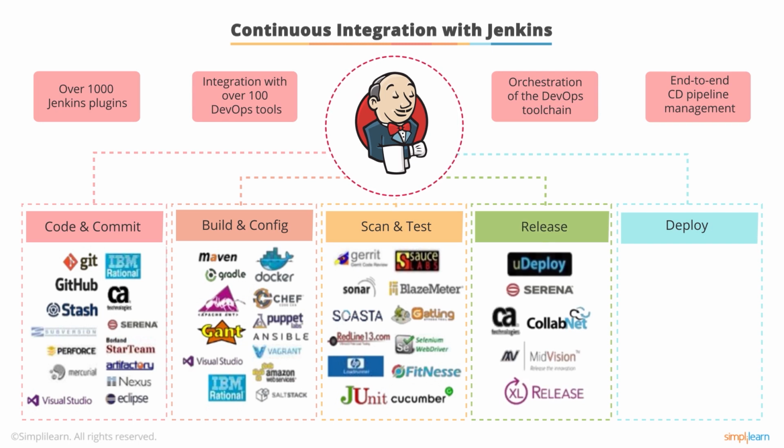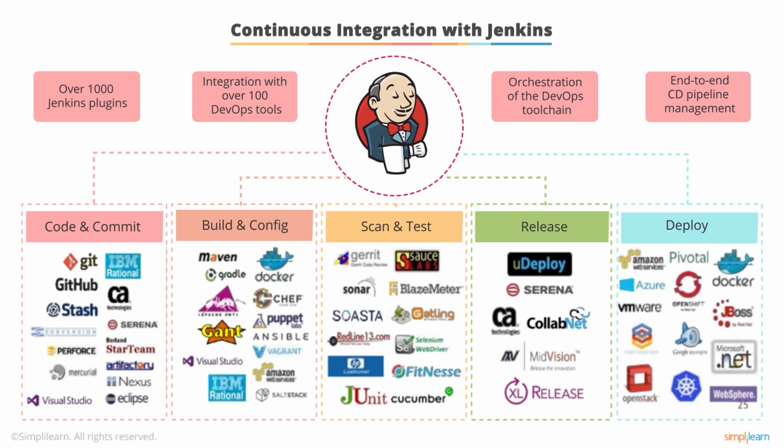The release phase is the last stage before code is released to users. You might integrate Jenkins with tools such as udeploy, Serena, Midvision, or XL Release. Finally, for deploy, you'll go on-premises to a cloud service or a hybrid combination of both a private on-premises cloud and a public cloud.